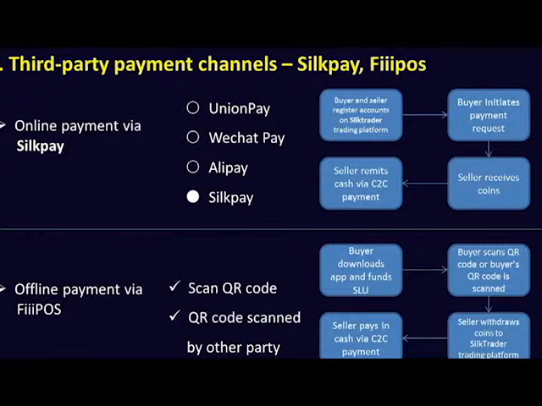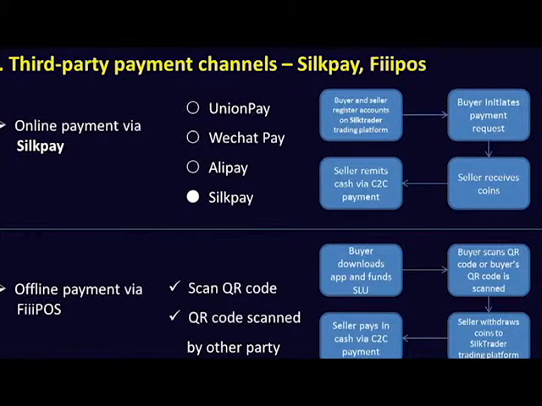The way this works is that the buyer and the seller both register accounts on the SilkTrader trading platform. The buyer then initiates a payment request, the seller receives the coins, and the seller then remits cash via the C2C payment feature.